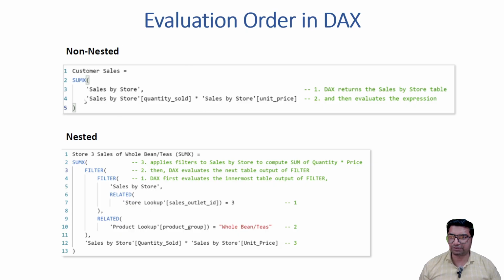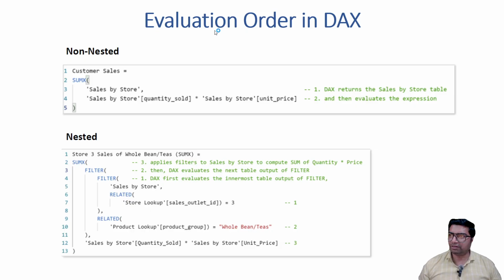If it is a nested function, first the RELATED function will be evaluated, then the second one and the third one. When that is complete, we execute this filter, go into this filter and evaluate the next table, output the filter, and this will come into the SUMX last. So that is how it works.